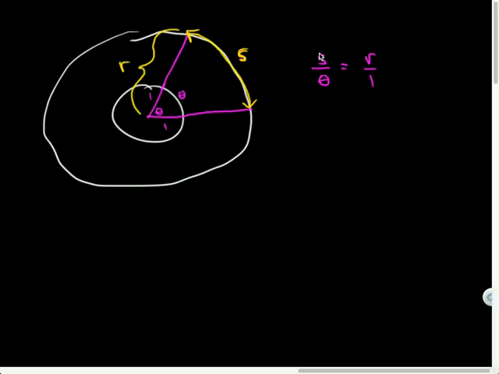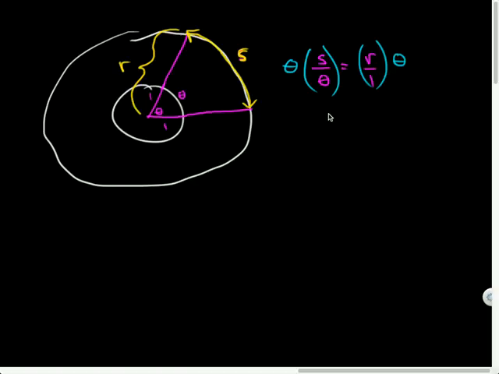And what if I wanted to solve for S? What could I do to both sides? How do I get S by itself? Multiply by theta.